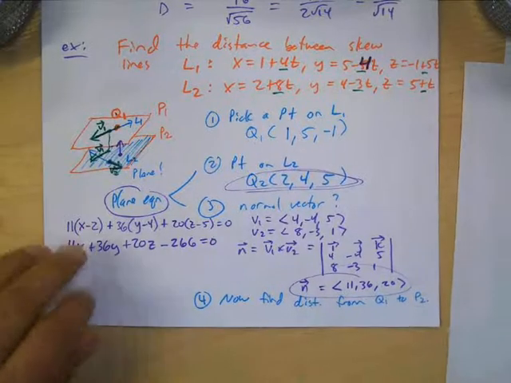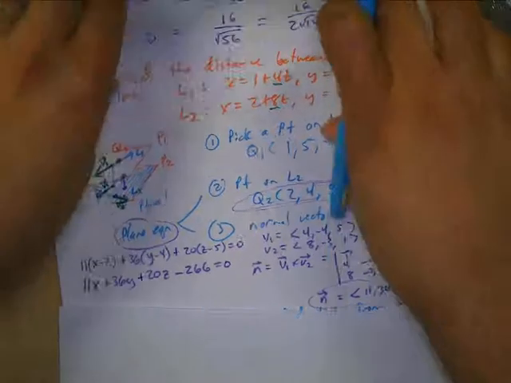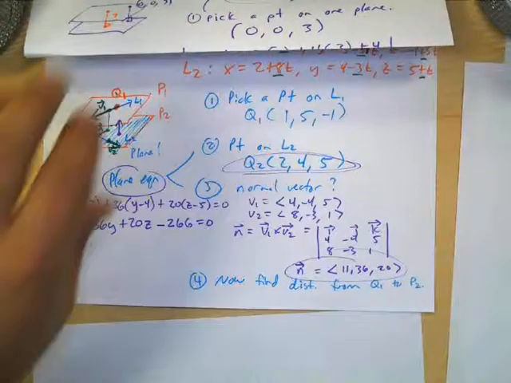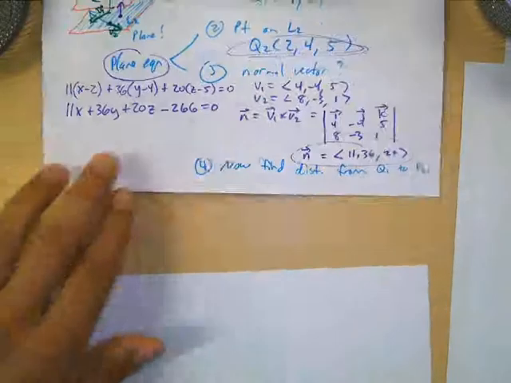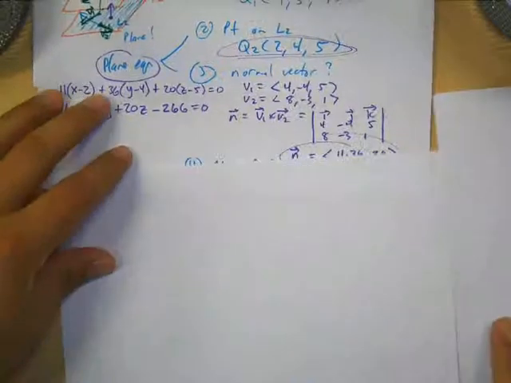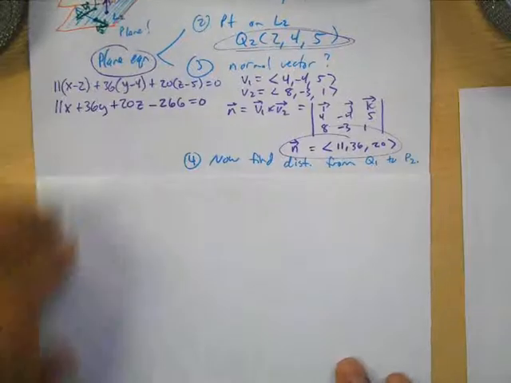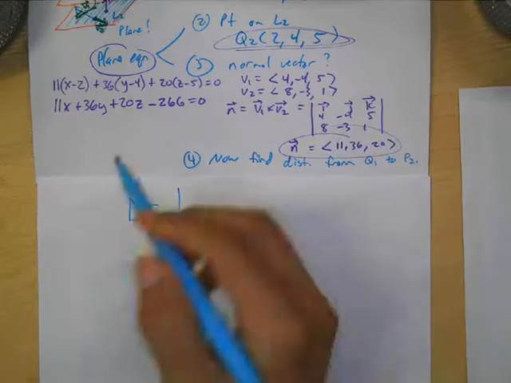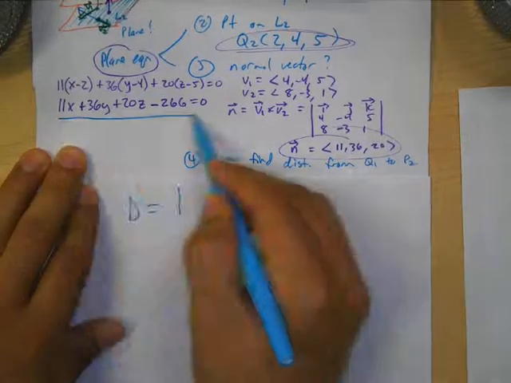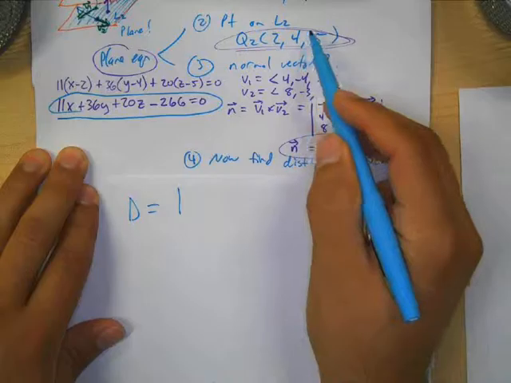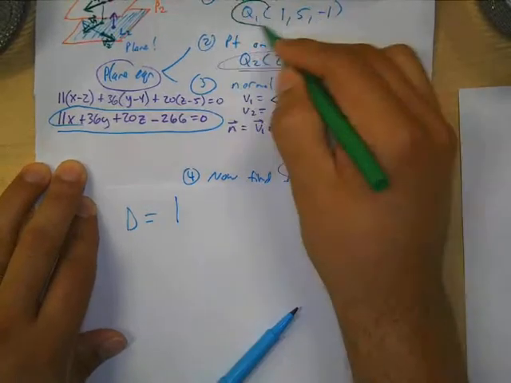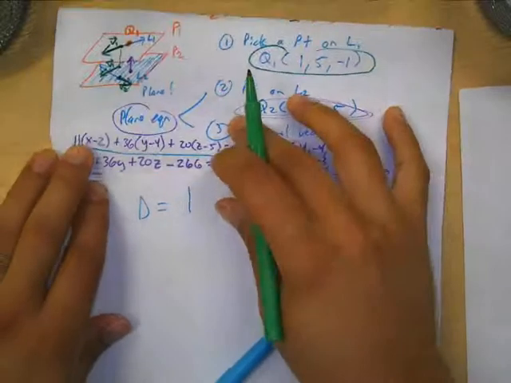Okay, so the last part of the calculation is D equals the absolute value of, and again, we're using the plane equation for plane 2 and Q1, which is all the way up here. Okay?